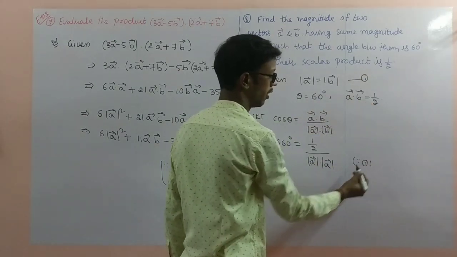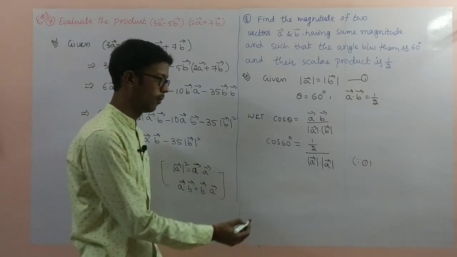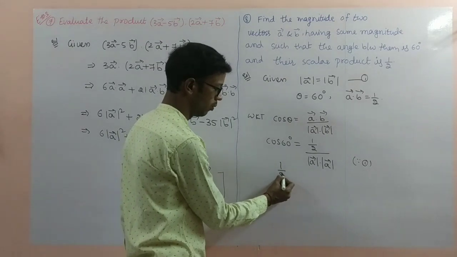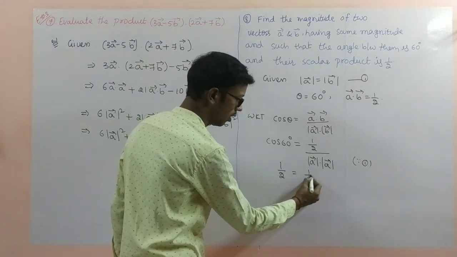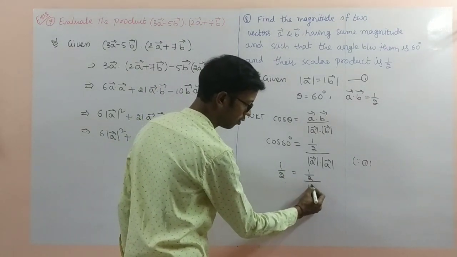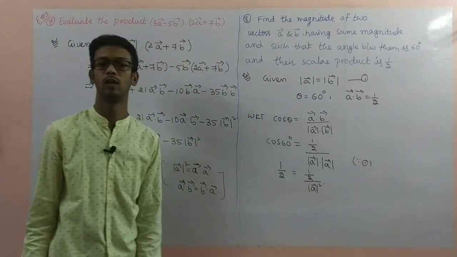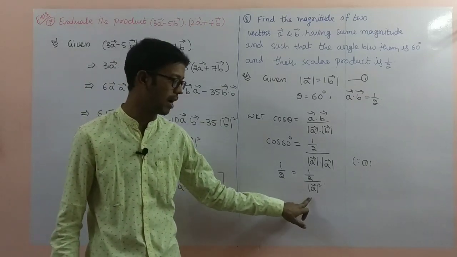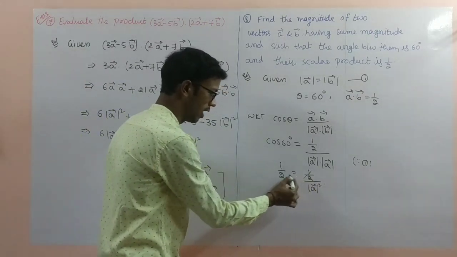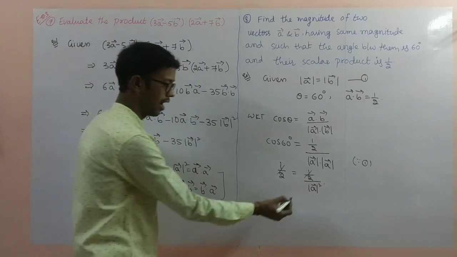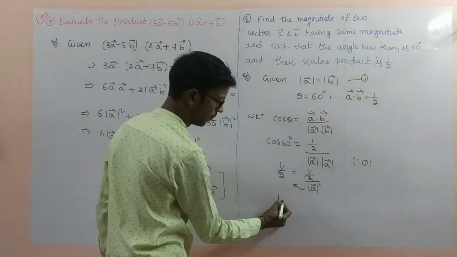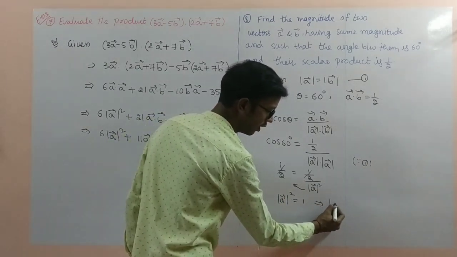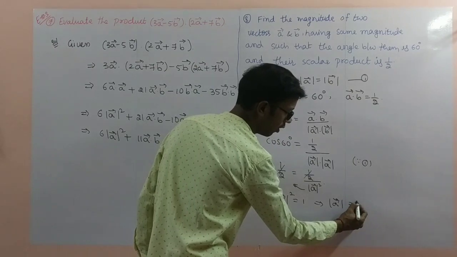Now cos 60 degrees is 1 by 2, equal to 1 by 2 by magnitude of a bar square. The 1 by 2 gets cancelled, cross multiply, magnitude of a bar square equals 1. This implies the magnitude of a bar equals 1.